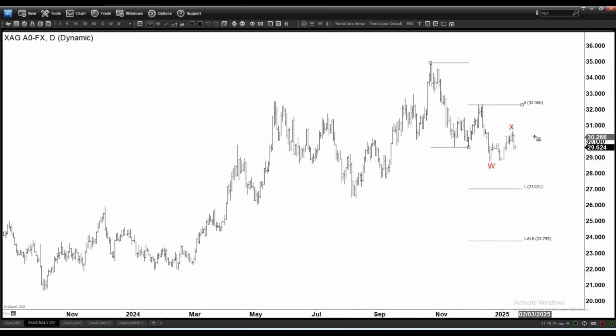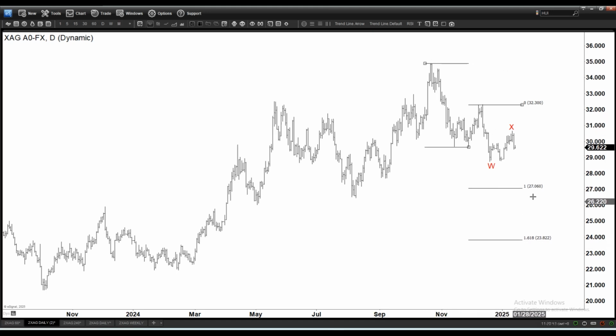Since it has not reached the 100%, there is a chance it continues to go down, because as you know, when you have a 3 swings sequence, ideally in the third leg, it's not always, but ideally you reach at least 100% in an ABC or WXY, and if it is a 3 in an impulse, then the third leg can reach 1.618.